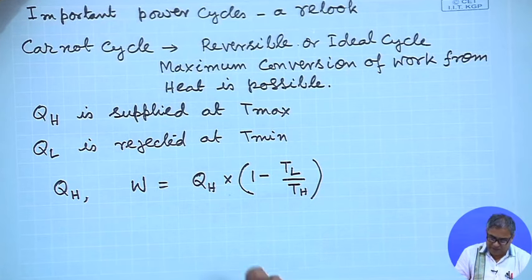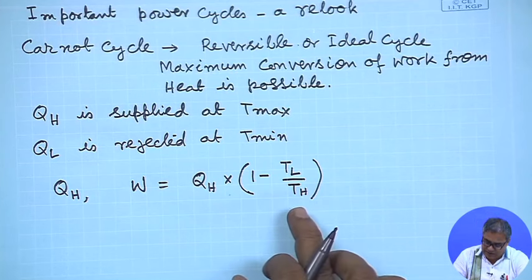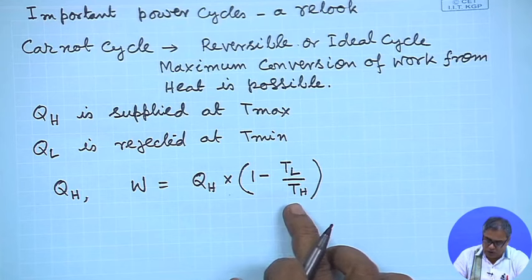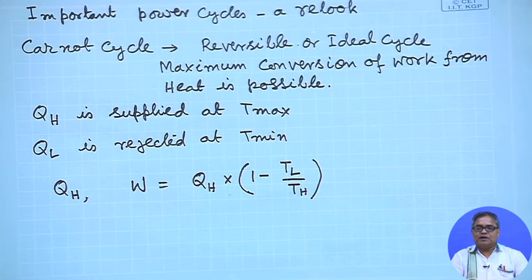This is the efficiency, and the efficiency of a Carnot cycle can be increased either by increasing the maximum temperature of the cycle or by lowering the minimum temperature of the cycle. So, if I have to derive the maximum amount of work from a Carnot cycle, either I have to increase the highest cycle temperature or I have to decrease the lowest cycle temperature.